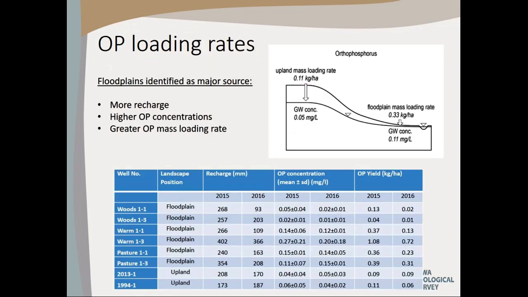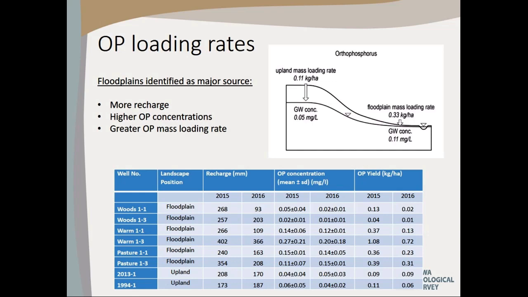So what are the loading rates here? Again, concentration, quality water, and recharge. So we're able to estimate the loading rates. Here's just some of the network of wells where we had the recharge, the concentrations varied both years, and then we had the yield. Okay, summarized up here in this diagram. So the upland areas had a loading rate of about 0.11 kilograms per hectare, and the groundwater concentrations were a little bit lower.